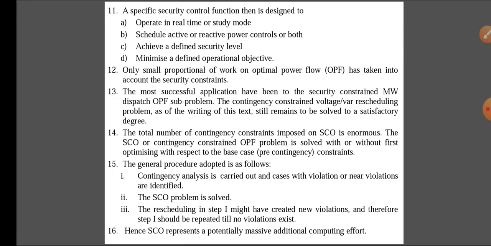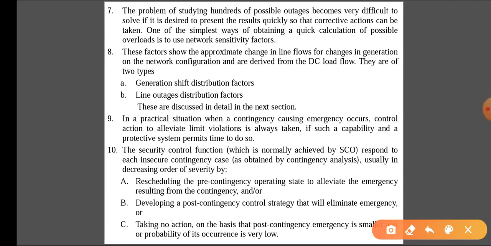The general procedure adopted is as follows. First, contingency analysis is carried out and cases with violations or near violations are identified. Second, the security constraint problem is solved. The third is the rescheduling in step 1.